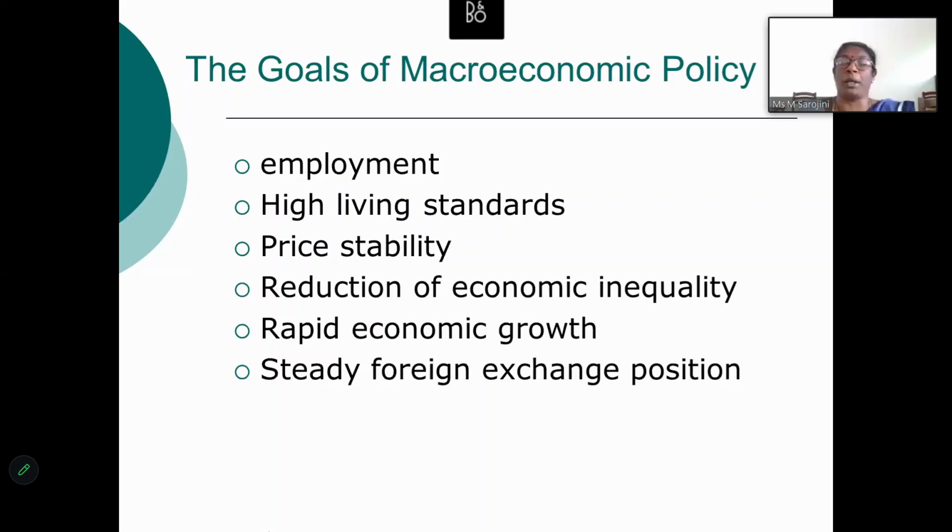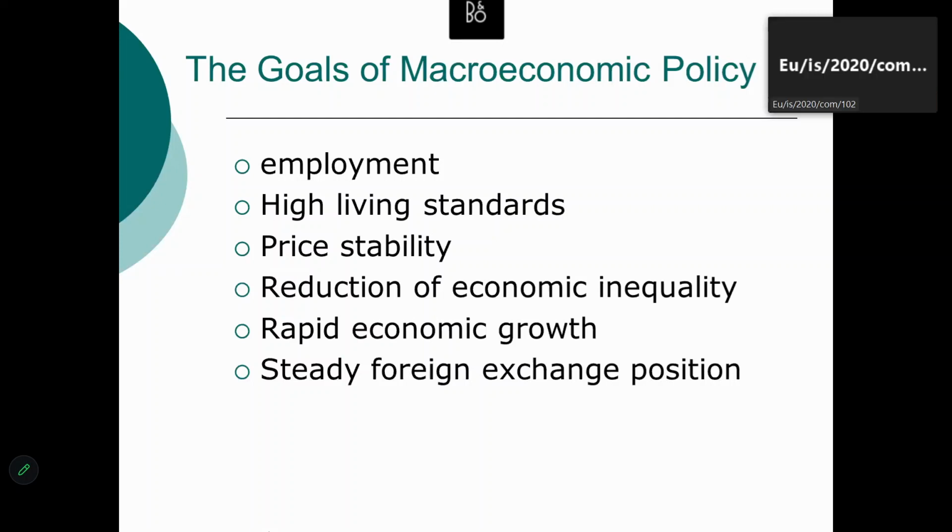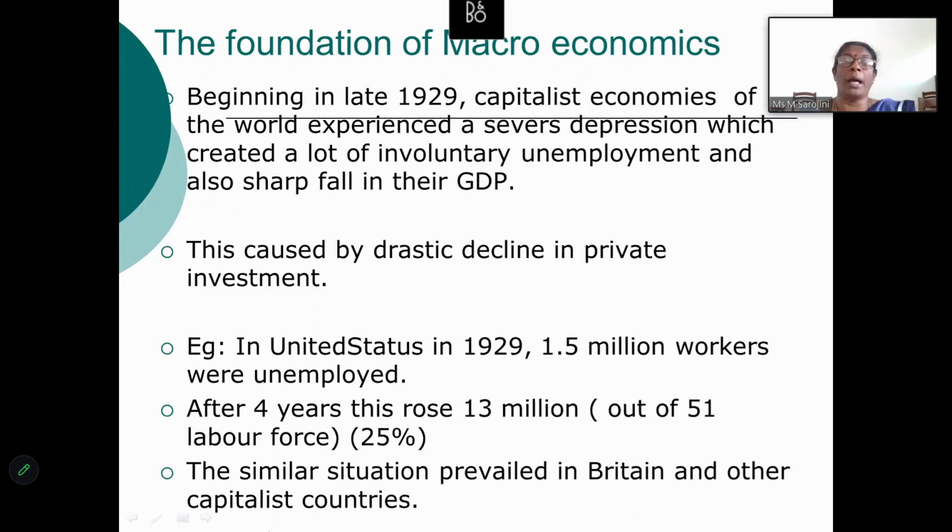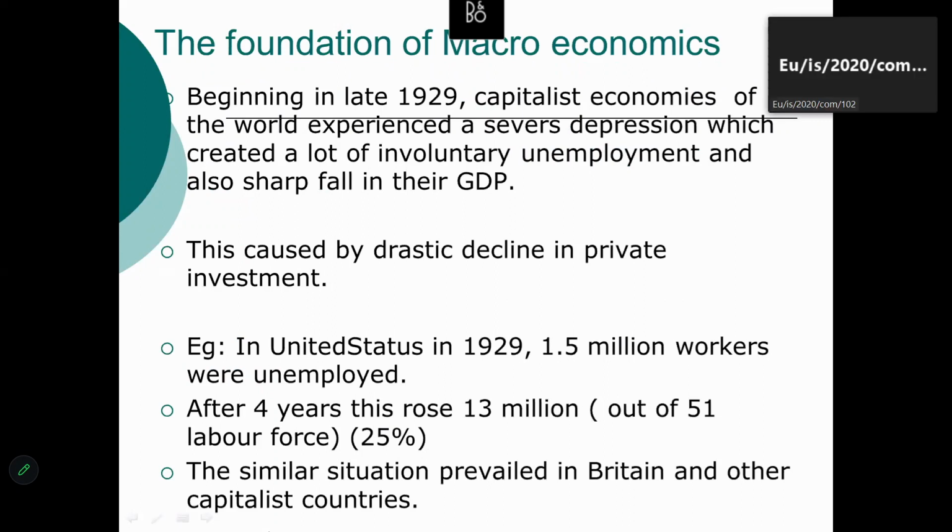Therefore, the government and the economy maintain the macroeconomic policies as well. The next one is the foundation of macroeconomics.